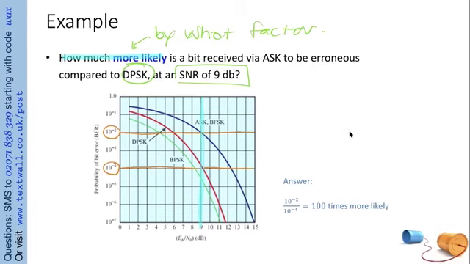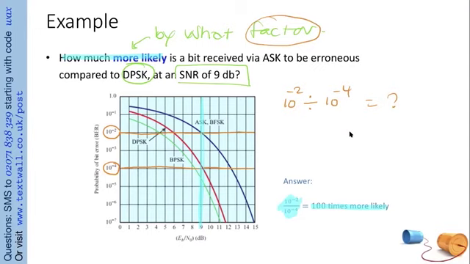So what's the answer? Is it 10 to the minus 2 minus 10 to the minus 4? No. We're looking at the factor. So you divide. So how much more likely? So you divide, it's a ratio. So what we do is you divide. It's 100 times more likely.